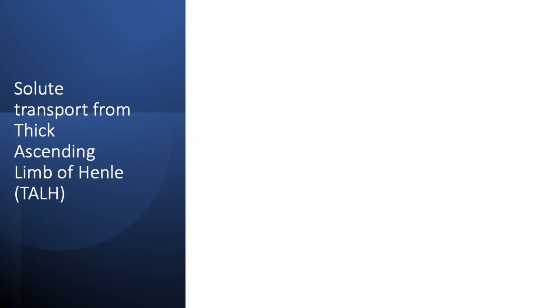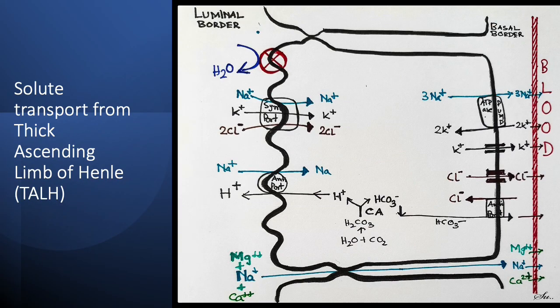Now the thick ascending limb of Henle. We have already discussed the descending limb, where only water is reabsorbed and no solutes are reabsorbed, and now we have reached the thick ascending limb of Henle. Something very interesting happens here. There is a transporter called 1 sodium, 1 potassium and 2 chloride.